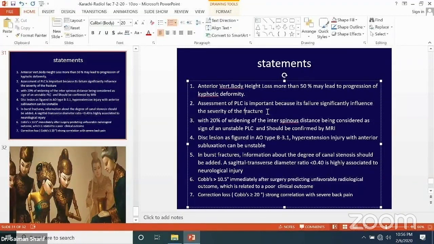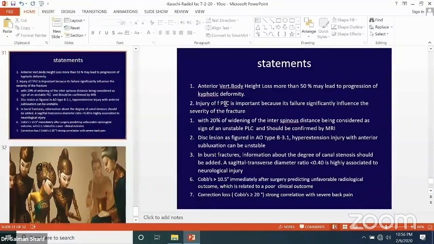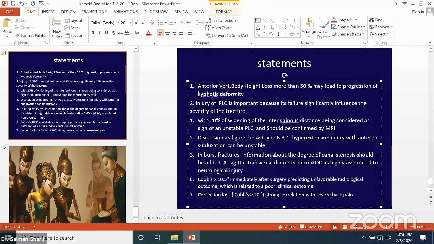So injury of PLC, if detected, may cause worse outcomes. What do you think? If detected. Okay.